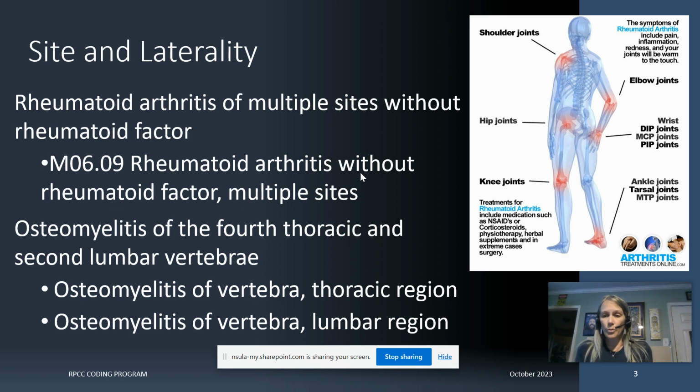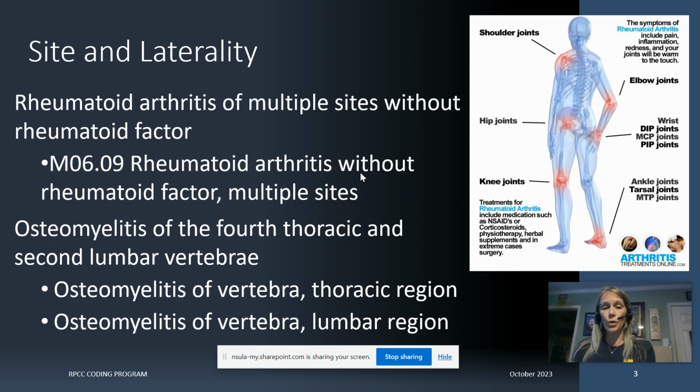So rheumatoid arthritis patients normally have issues with more than one site. They'll have issues with their shoulders, their hips, their elbows, their wrists, their knees. So in lieu of doing several different codes for those types of patients, you can just use the one code for multiple sites. This next example, osteomyelitis, does not have a code for multiple sites.